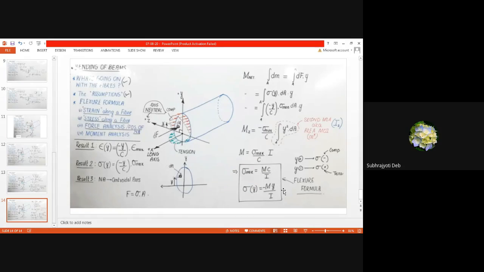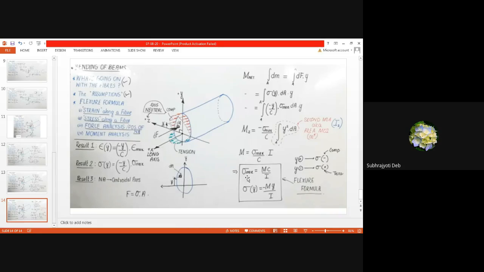This is also known as flexure formula or theory of bending in some books. Mostly it is known as flexure formula. Now, sigma max is equal to Mc by I. If you place it on the right side, sigma max is equal to Mc by I. Now we again have two conditions, if your y is positive.